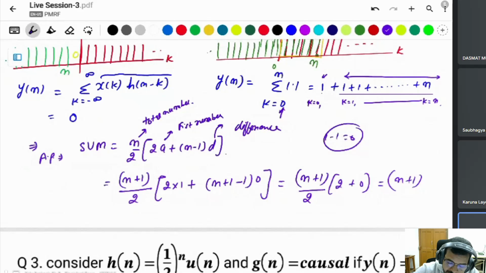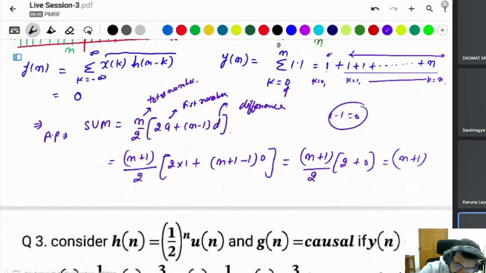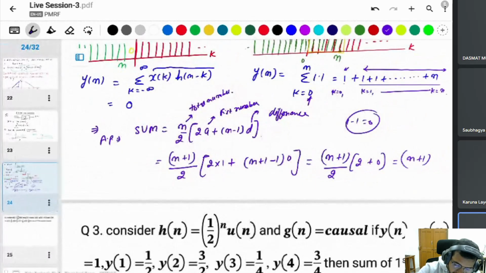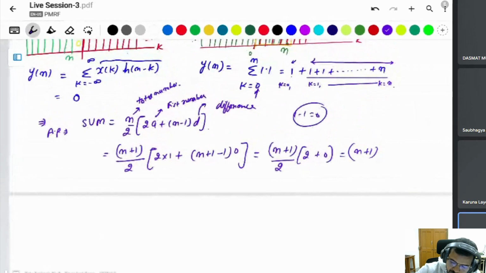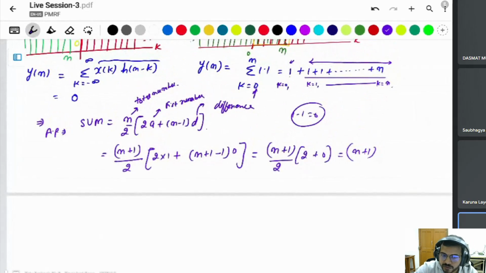But there is a multiplication of un, that's why we have to write the limit also. You can't just say n plus 1 as a whole, you have to provide some limit.